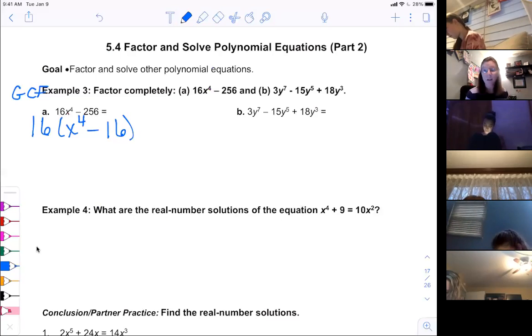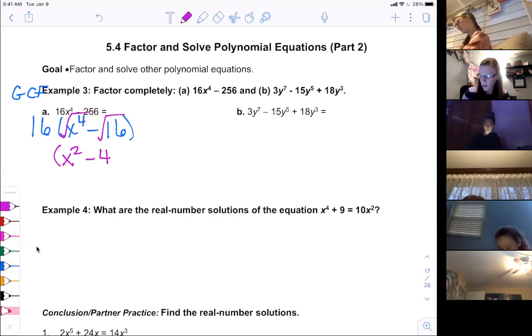Now the second question, does it match a pattern once you take out that GCF? It's not a trinomial, so it's going to have to match a pattern. That's where you want to check, is it a square root pattern or is it a cube pattern? Since it's 16, I know I can take the square root of 16 and the square root of x to the fourth. So x squared minus 4, x squared plus 4.